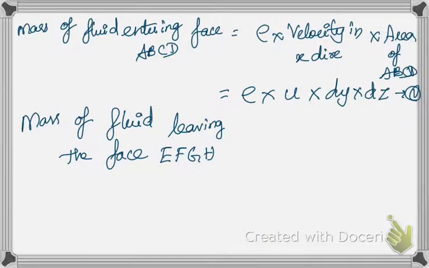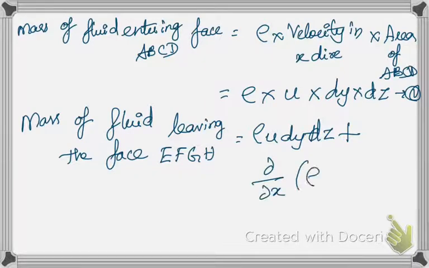So this is the same amount of fluid, rho u dy dz, plus some additional amount, which is nothing but dou by dou x of rho u dy dz, into dx, since it is going in the x direction. Keep this as equation number 2.